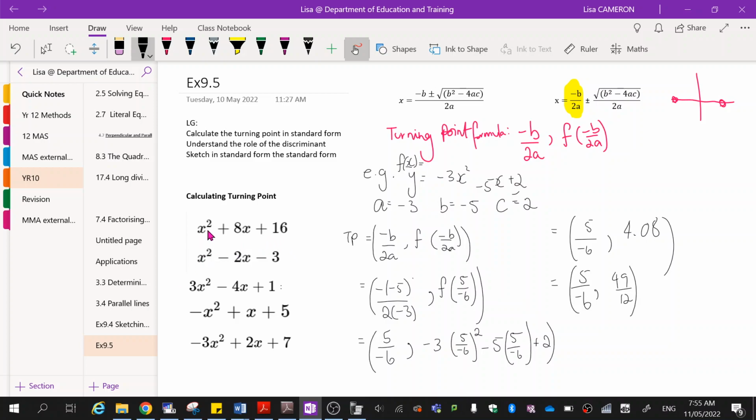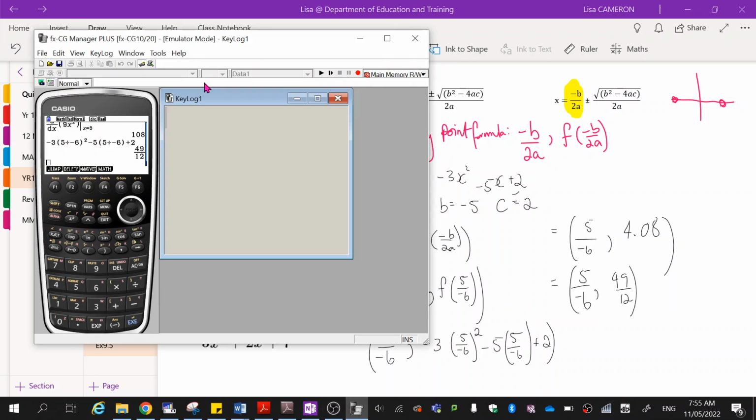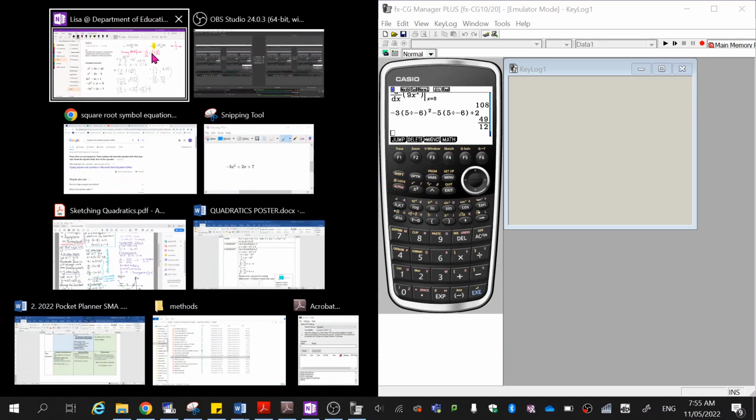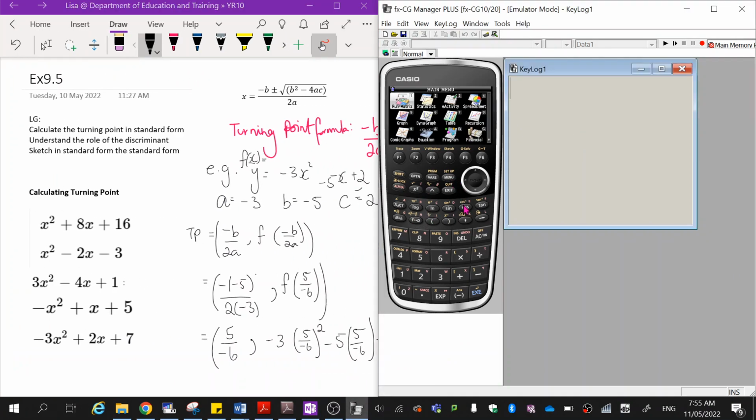Okay, try to calculate the turning point for these 5 functions here. And then I would like you to check on your graphics calculators by graphing them and then solving for the turning point. To do that, you'll go graph. I'll enter in my equation, minus 3x squared minus 5x plus 2.